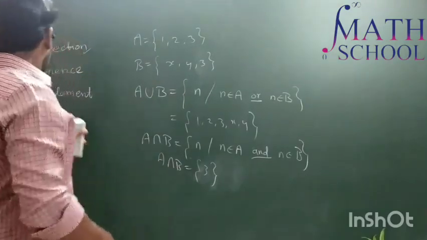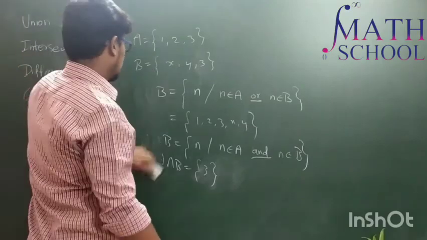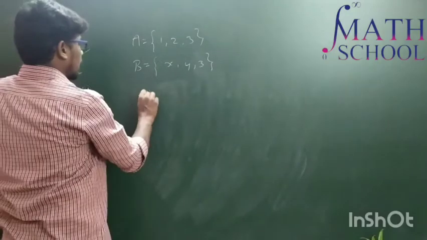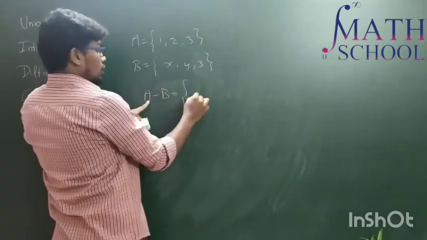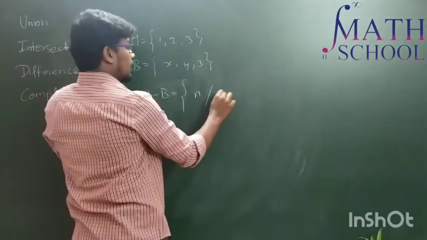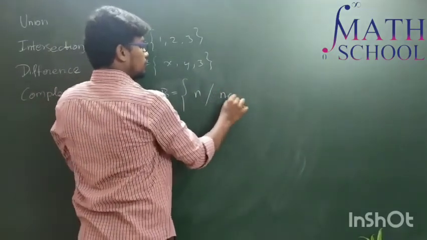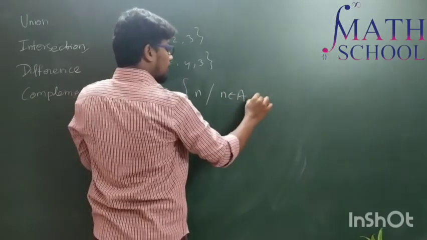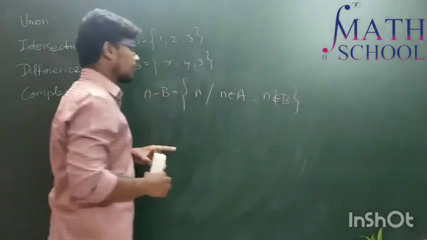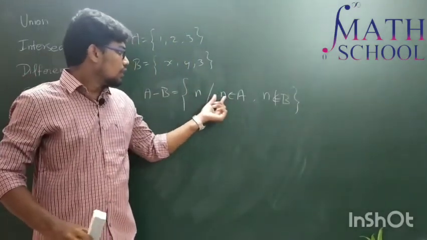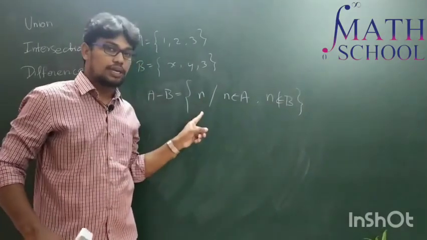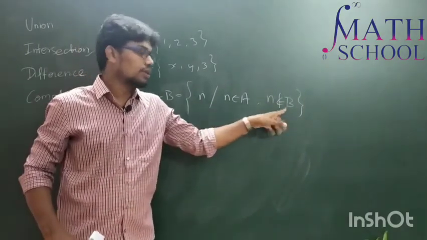Fine. So what is the difference of two sets? Difference of two sets, say A minus B, means we collect elements such that the element should be from A, but should not belong to the set B. We have to collect the elements from A, but check whether that element is present in B. If it is, don't write that element here. If it does not belong to B, you can write that element.